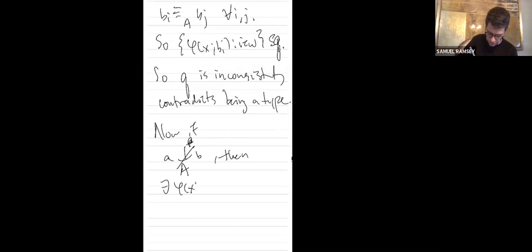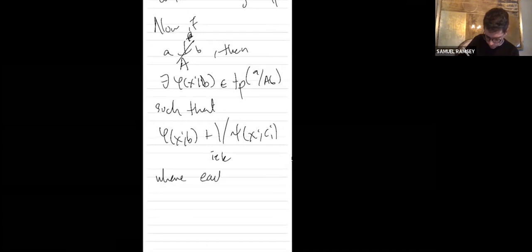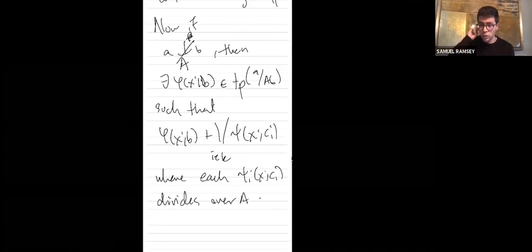Now, if A forks with B, then there is some phi x b in the type of A over AB, such that phi x b proves a finite disjunction, i less than k, of psi_i x c_i, where each psi_i x c_i divides over A. So if you fork, what does that mean?